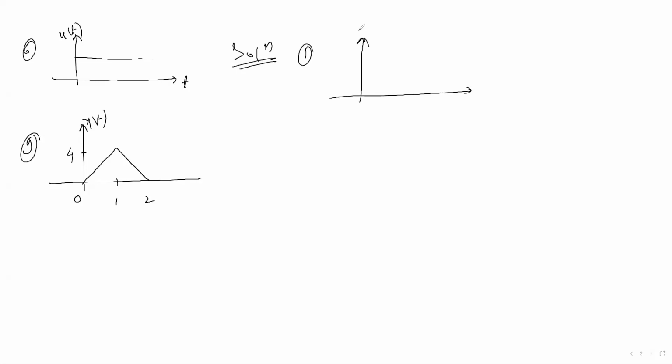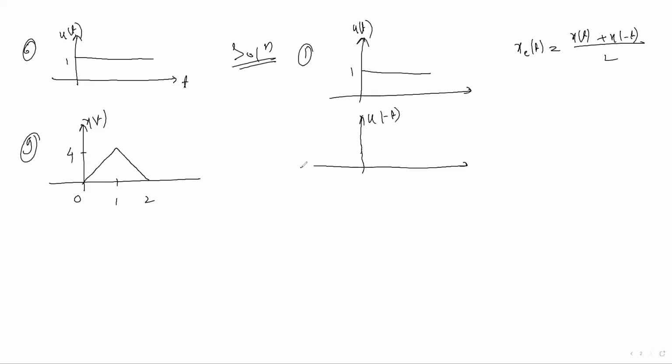What is given? U of t. This is 1. But what is the even part? We know even part equals x of t plus x of minus t by 2. So first of all, you should find u of minus t.